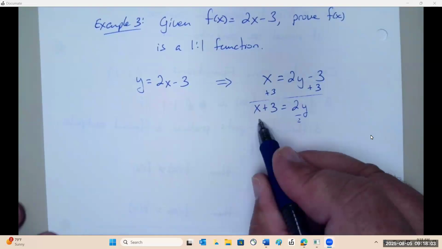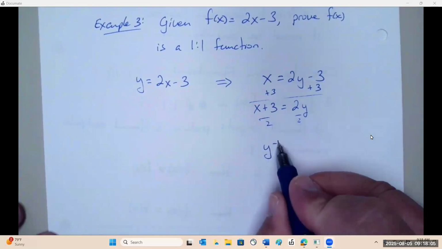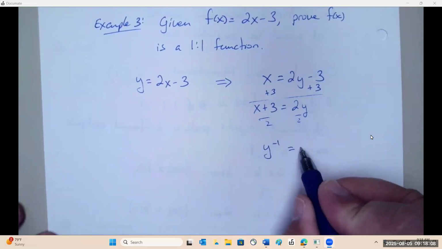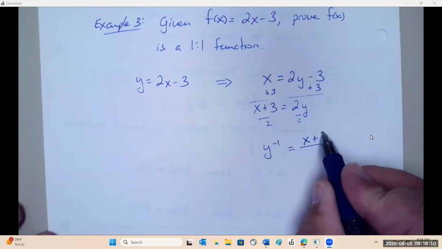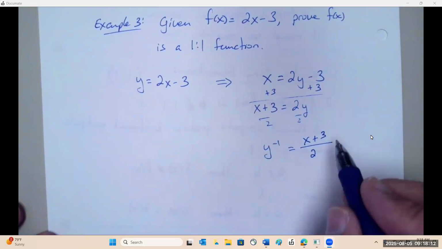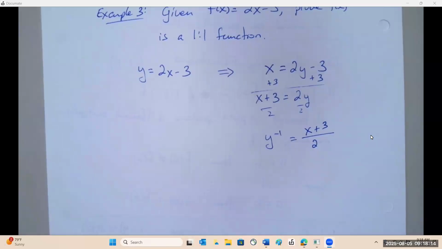And then divide by 2. So y inverse is equal to x plus 3 over 2. That doesn't prove anything to us yet. We have to test to see if it's a true inverse.